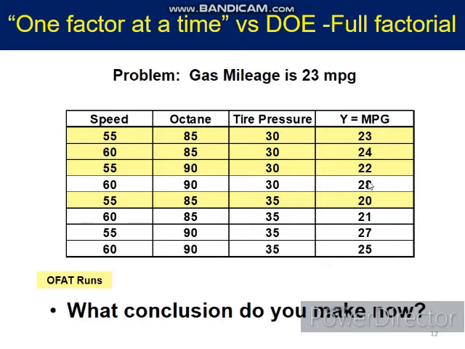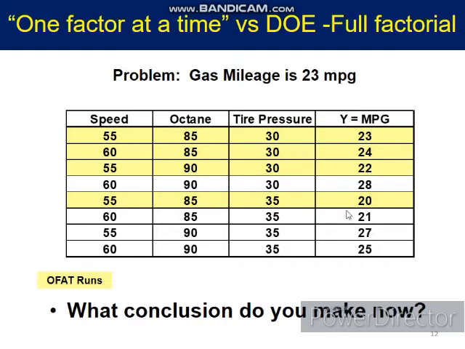So with additional data, when you turn the one factor at a time experiment into a full factorial design of experiment and get this result, then basically you know that the optimum setting to maximize the miles per gallon performance of the car should be speed of 60, octane level of 90, tire pressure of 30 psi.